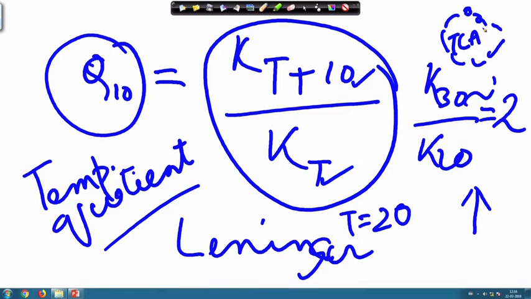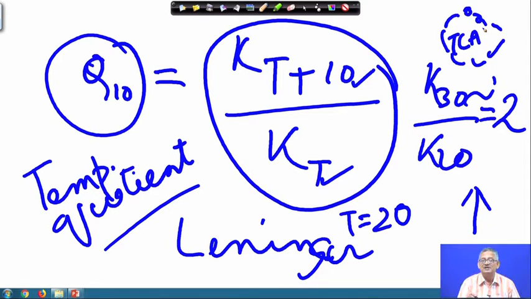So, this Q10, remember, is one very good example or piece of information to keep in mind in terms of any processing and preservation, right. So, we come back.